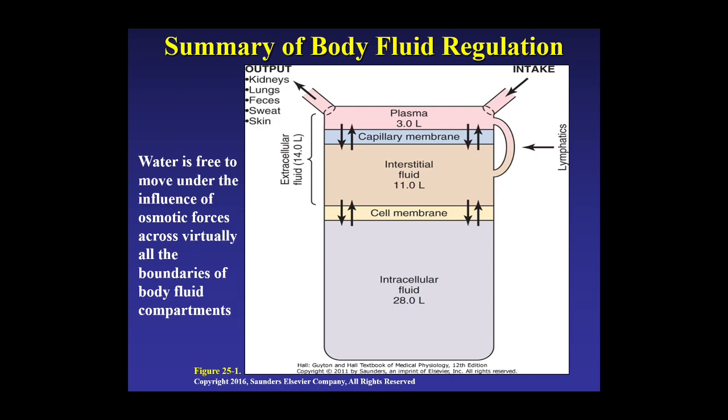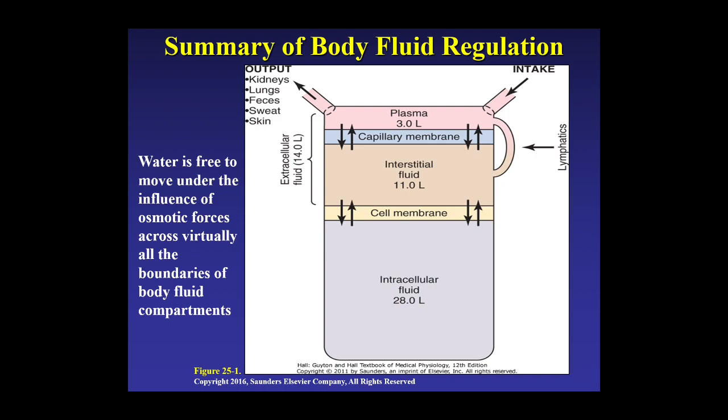Okay? What about the intracellular, which is about double the amount? See, this whole thing is 14. Intracellular fluid compartment is 28 liters, double. What's between the intracellular and the extracellular fluid compartment? Cell membrane. Is that permeable to anything? No, except water.